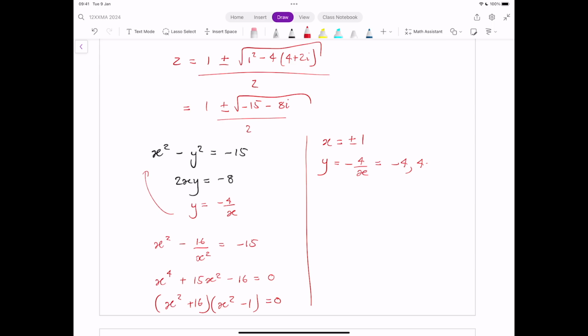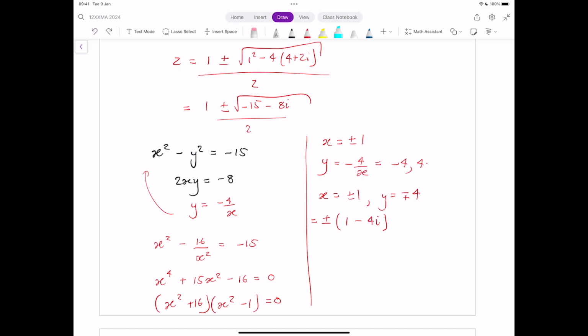Now this is important here. We're going to say x is equal to plus or minus 1, but y is equal to minus plus 4. And that's because minus 4 belongs to the 1 solution and plus 4 belongs to the negative 1 solution for x. So the square root of this complex number is, we're going to say plus or minus 1 minus 4i. That's the square root there.